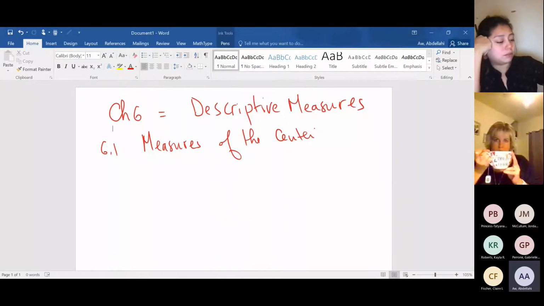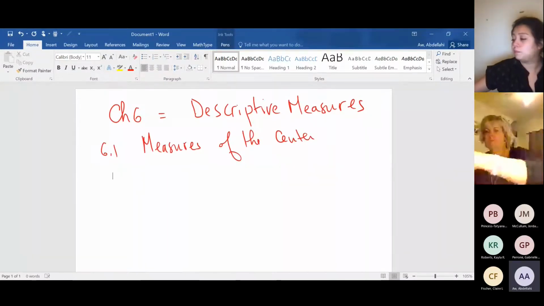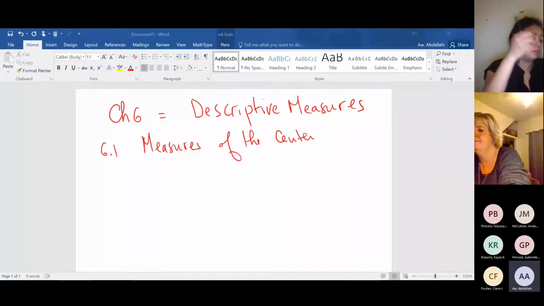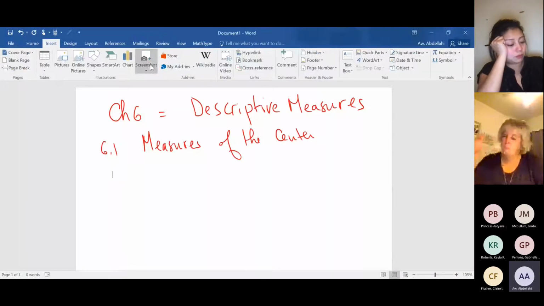What is the middle of your alignment? That is the median. The mean tells you the average, which is more mathematical than the median. The mean is you add up everything and divide by the number of data values. Let me put here the definition of that.